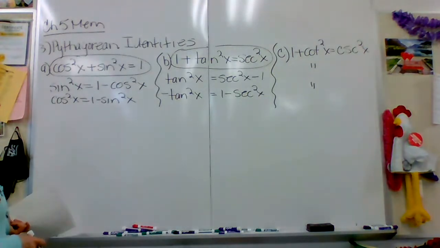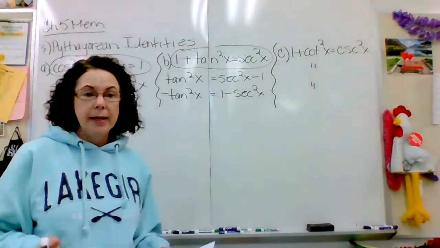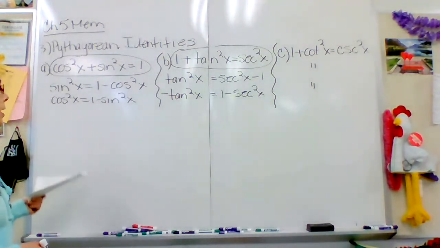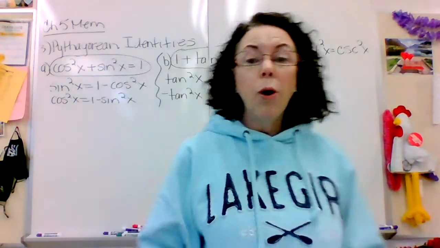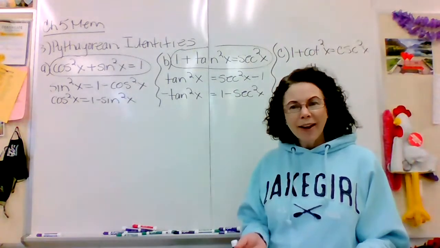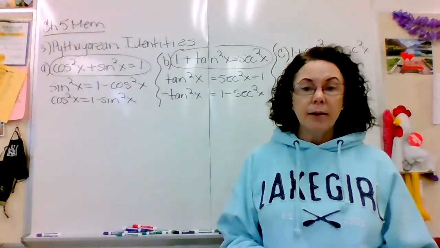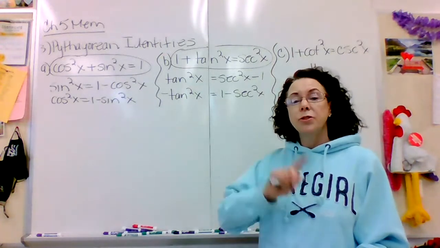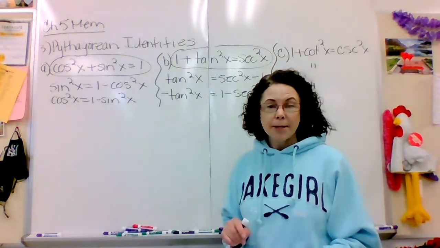So when you are using Pythagorean identities to simplify or prove identities, notice what you are looking for. Your pattern is that you see trig functions being squared and you see ones. So when you see that pattern, your first thought is, hey, maybe I can use a Pythagorean identity to simplify my expression or to prove that two sides of an equation with trig expressions in it are correct.